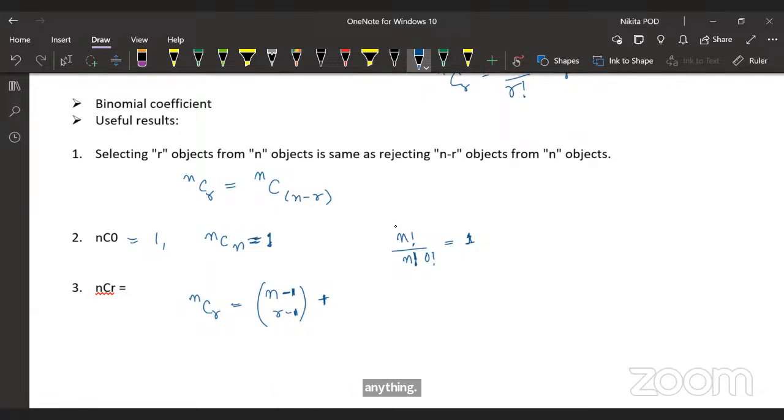Okay. Then the last one is selecting r objects out of n objects is same as selecting r minus 1 objects out of n minus 1 objects, or selecting r objects out of n minus 1 objects. What is this, ma'am?